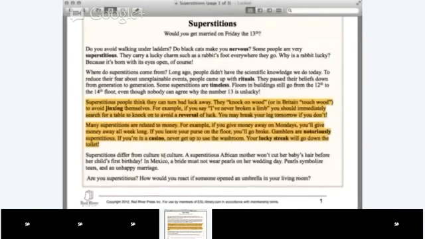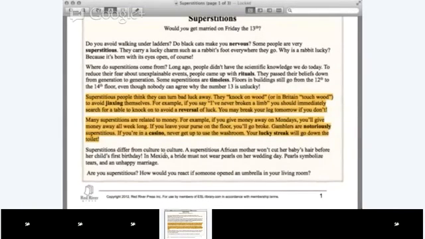Superstitious people think they can turn bad luck away. They knock on wood, or in Britain, touch wood, to avoid jinxing themselves. For example, if you say, "I've never broken a limb," you should immediately search for a table to knock on to avoid a reversal of luck. You may break your leg tomorrow if you don't. Many superstitions are related to money.